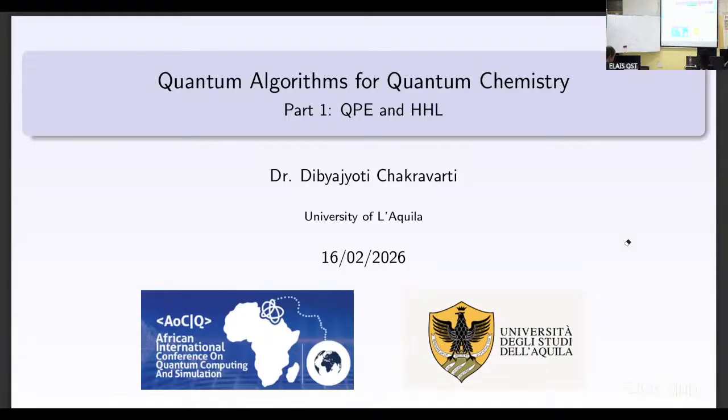Quantum phase estimation is basically equivalent to diagonalizing a Hamiltonian classically. And HHL is a quantum linear solver, so it tries to solve linear equations using a quadratic speed up over the classical algorithms. So let me begin with the quantum phase estimation.